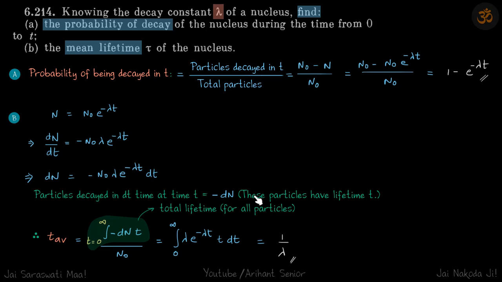So minus dn1 into t1 plus minus dn2 into t2 plus minus dn3 into t3, like that. That is the integral of minus dn into t, divided by the total number of particles n naught, and the limits will be t from 0 to infinity. When we solve this integral, we'll get our answer 1 by lambda. In the next slide we'll see how to solve this integral, but otherwise the concept part is here.